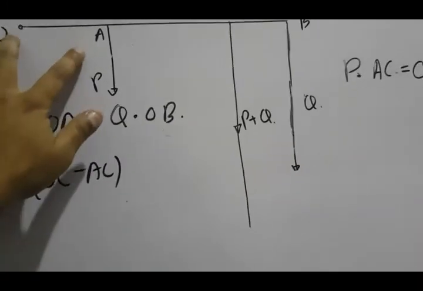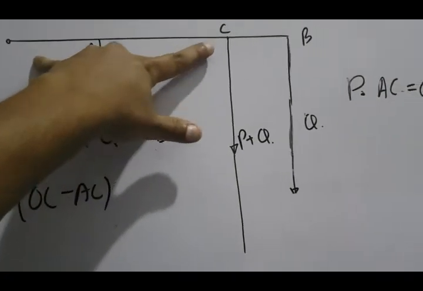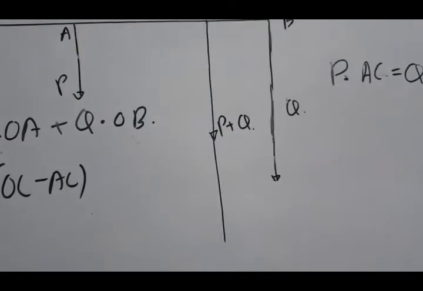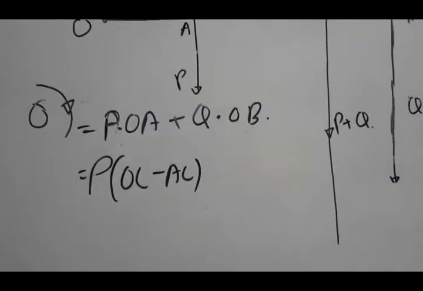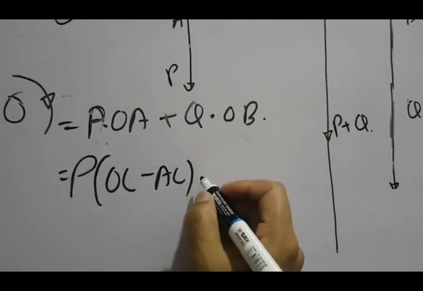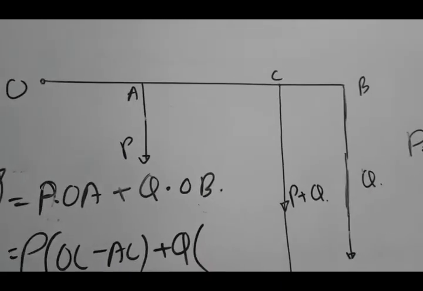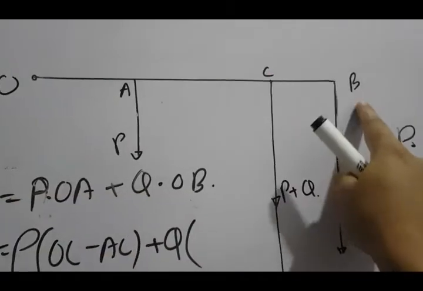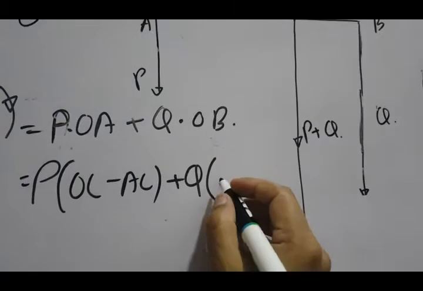I'm just going to write OA this side by using OC and AC. Why are we going to do it? Because I want to prove this theorem, right? You will see that at the end of this video. And Q times OB. How can we write OB? OB can be written as OC plus CB.